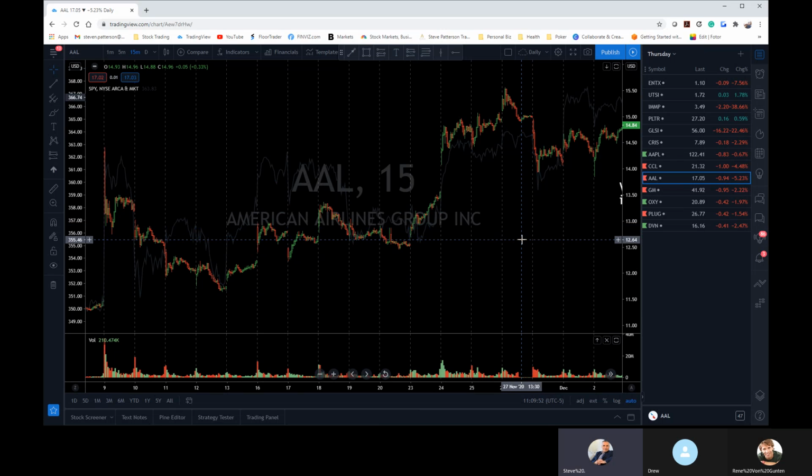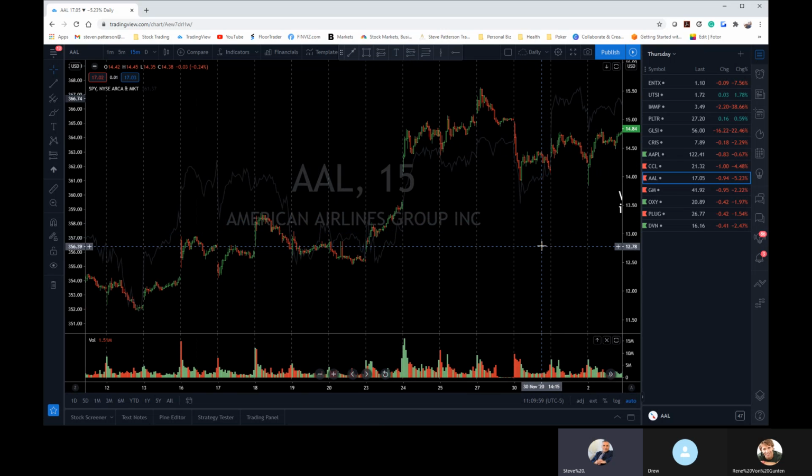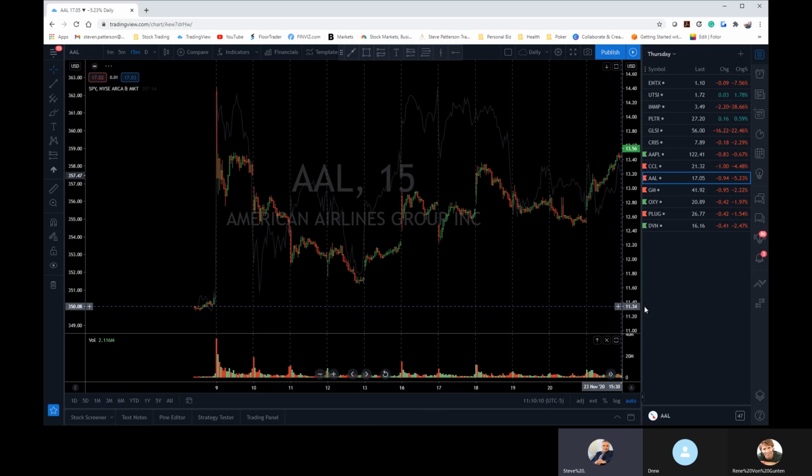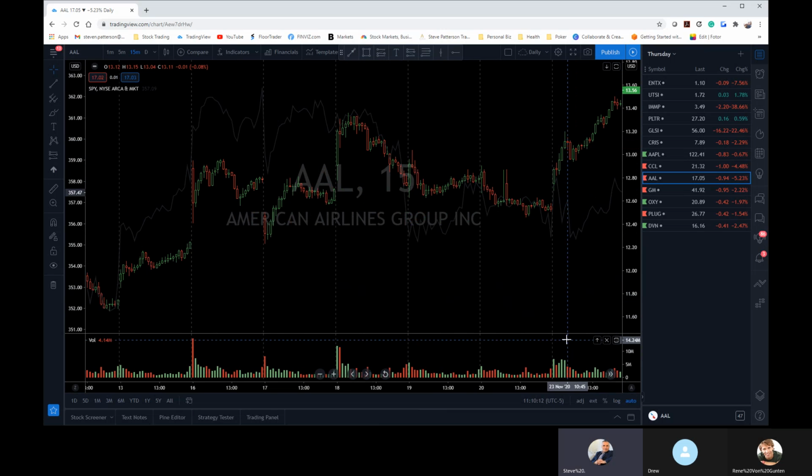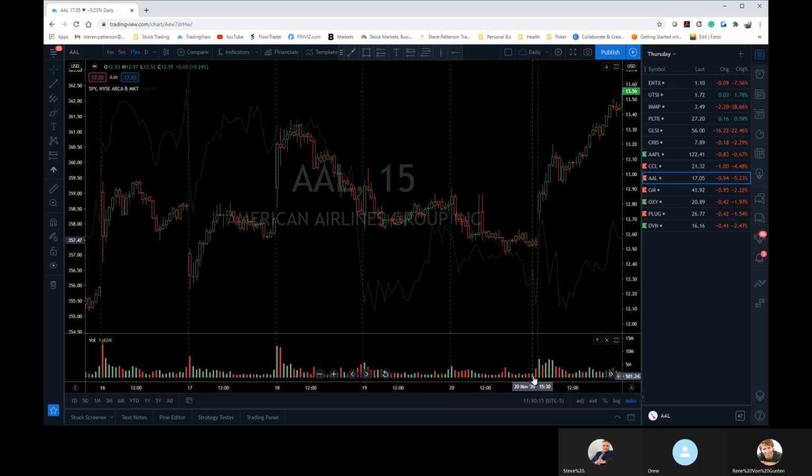There are two forms of liquidity playing on the market. First of all, how active is this stock? Current liquidity can be represented by volume. If I look at AA, for example, the current liquidity on this day is very low in relationship to the current liquidity on this day, because it's represented by volume.